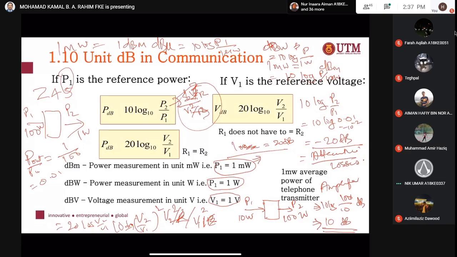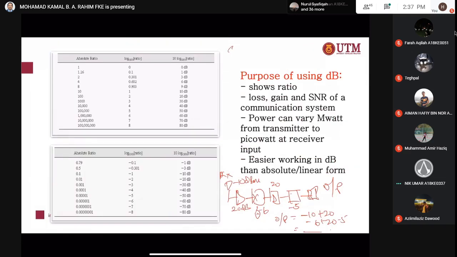Because you need to know your dBm is equal to 10 log of whatever power you have over 1 milliwatt. If your power is 1 milliwatt, it means you have 10 log of 1 over 1.